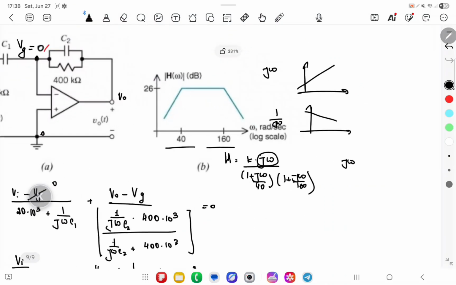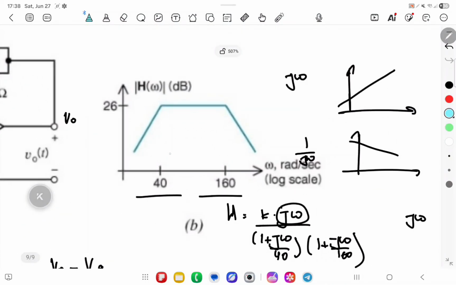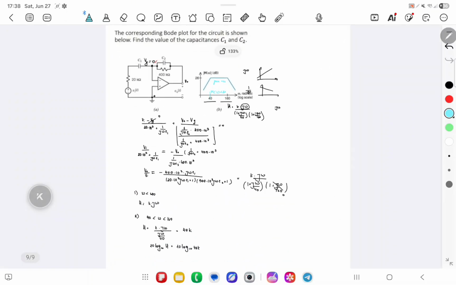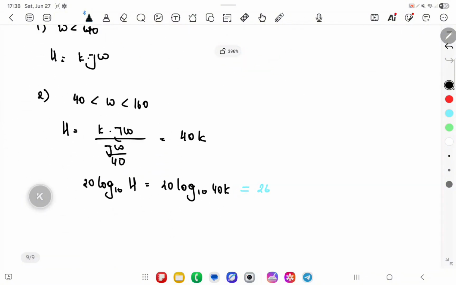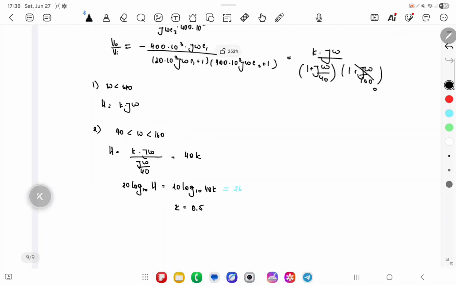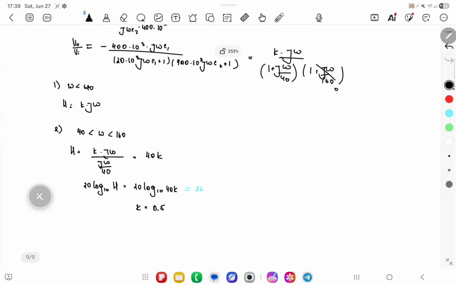And from our Bode plot, we can see that in this region where our omega is greater than 40 but is still less than 160, our gain is equal to 26, which means that this whole thing is equal to 26. And if you go through some kind of calculation, you will find out that your k is actually 0.5.